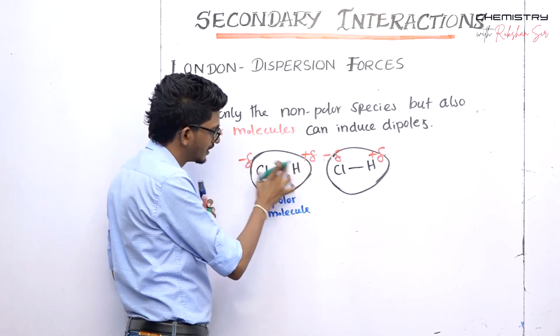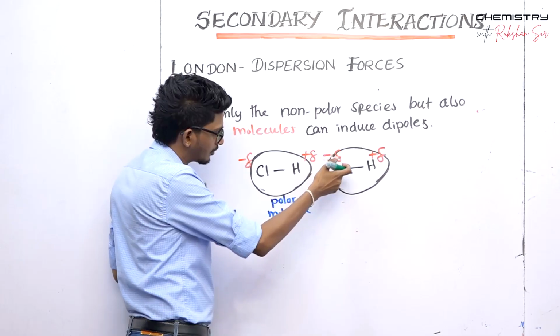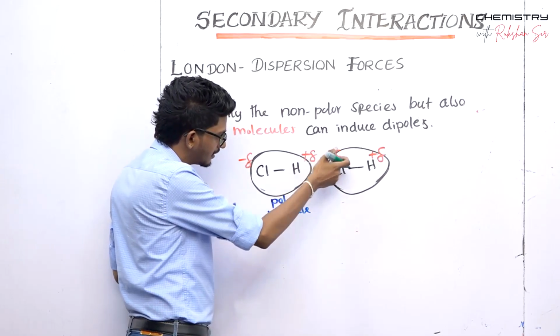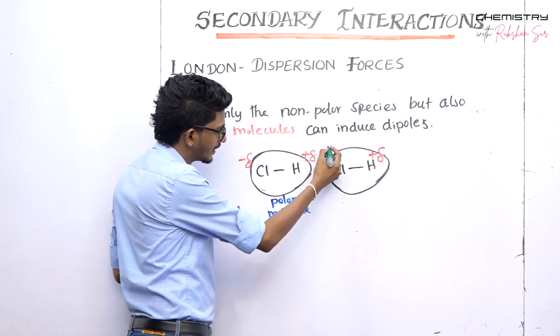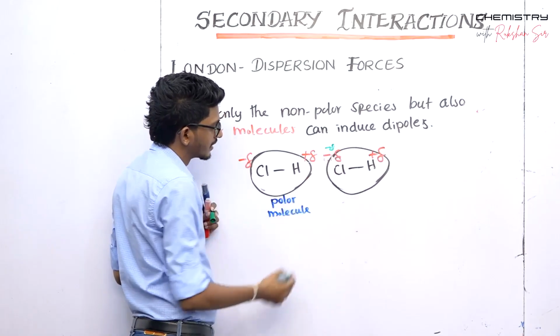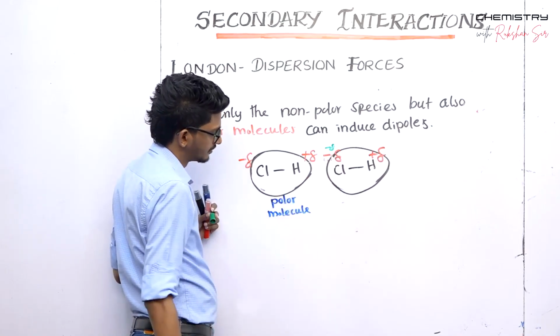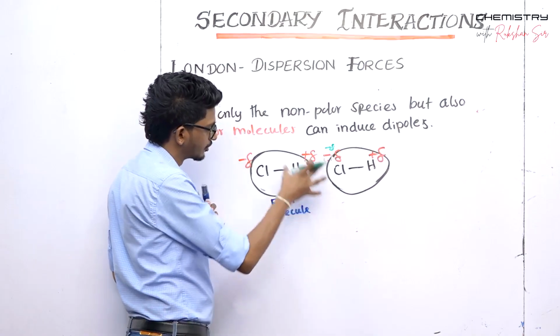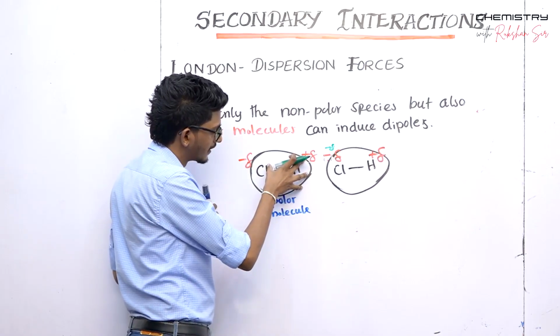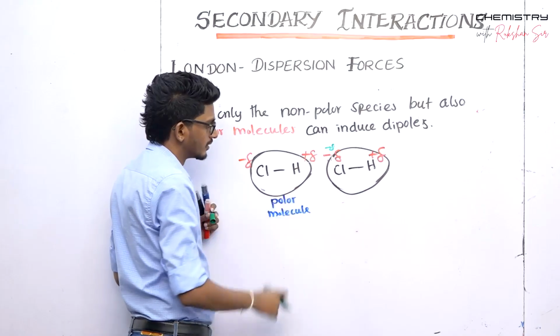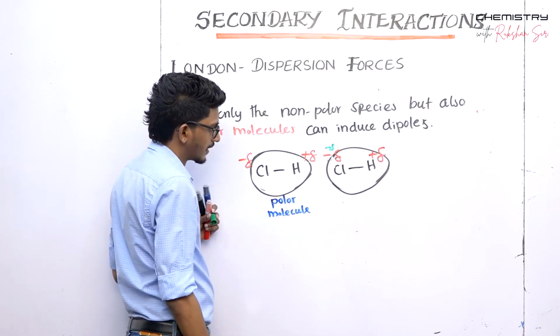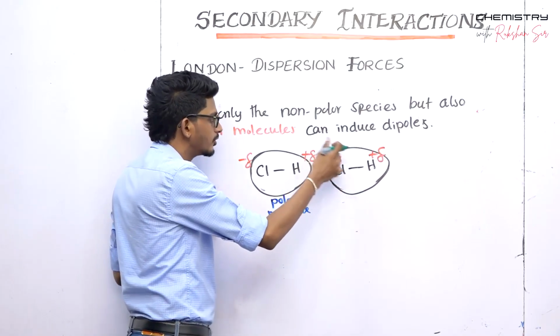But in the presence of this molecule, some electron density of this HCl molecule will be attracted towards this positive pole, so that it will create some induced dipole. So, induced dipoles.